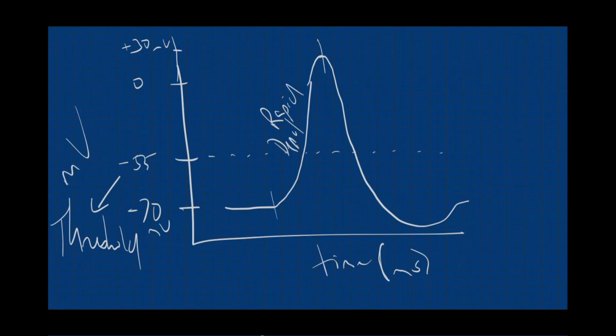But we're at positive millivolts. What gate opens at this voltage now? Potassium starts to open up. So which way is potassium going to move? Out of the cell. It's going to leave the cell. So as all these positive ions leave the cell, we start to repolarize.